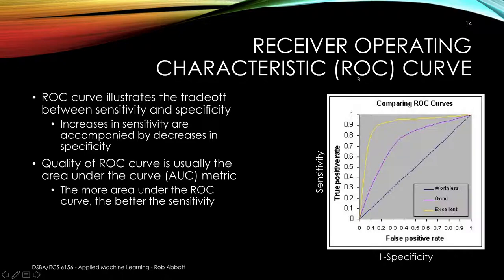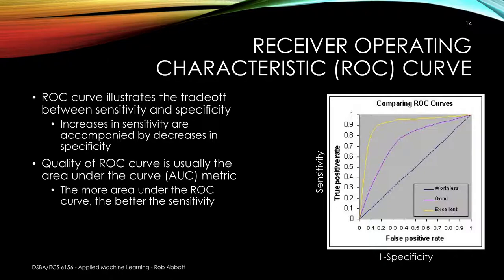So there's this thing that we refer to sometimes as a receiver operating characteristic, or a ROC curve. And this comes out of early radar research, where they were trying to establish how effective a radar system was at predicting whether the radar was correctly seeing something or not.